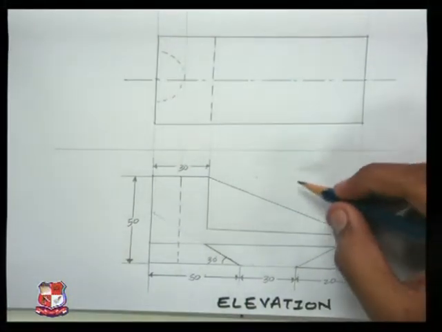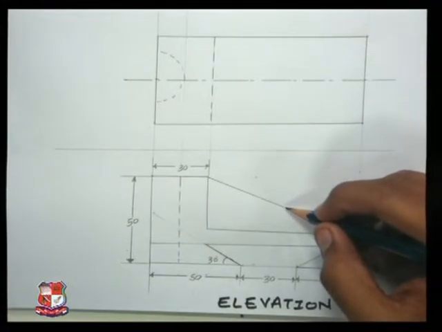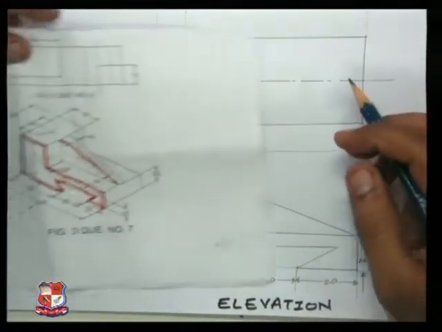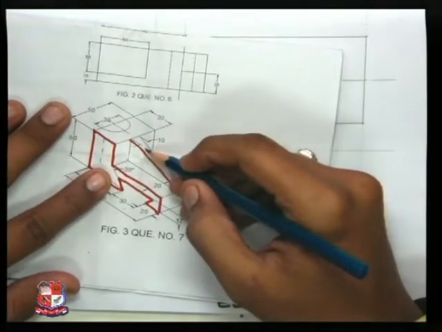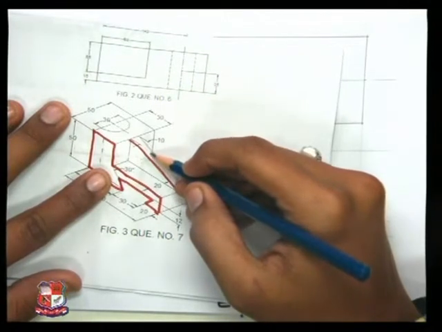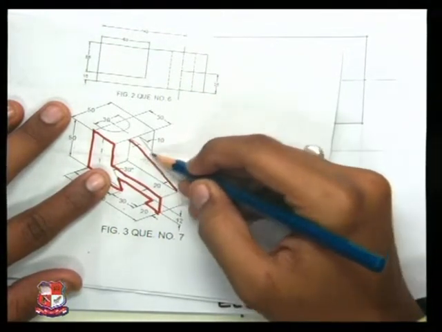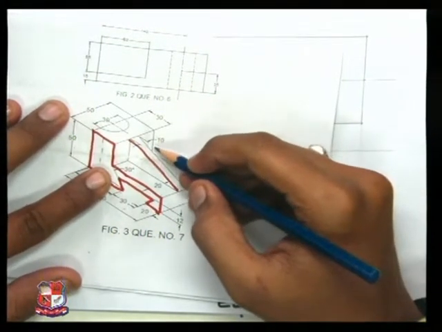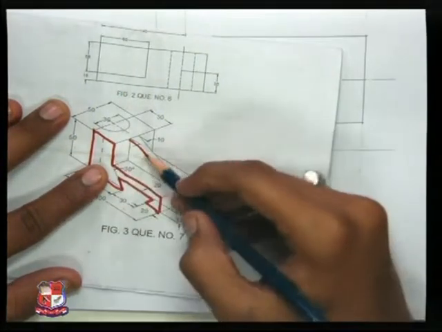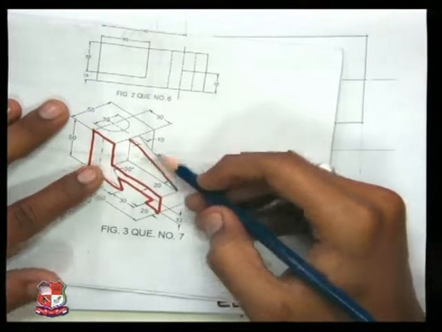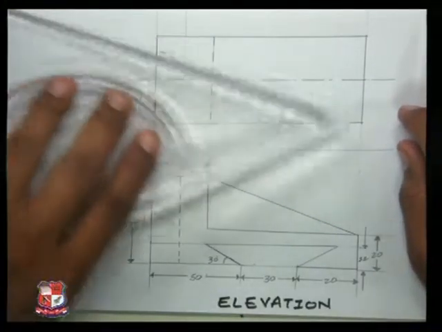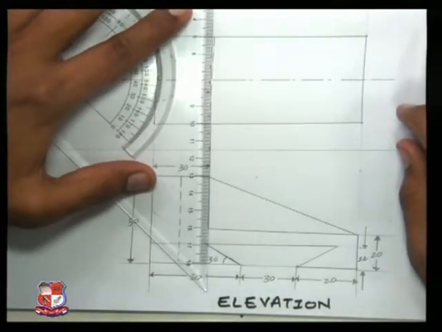Now about the rib. This rib thickness is given as 10 mm. So on the center line, 5 mm on each side, but again it's not visible from the bottom view, hence it would again be in the hidden line only. 5 mm on each side.